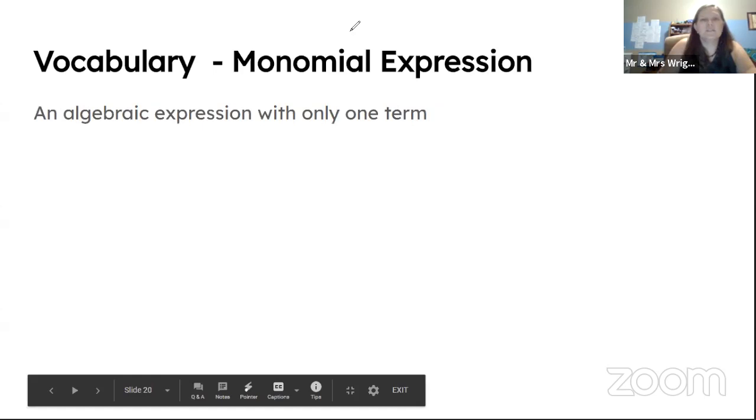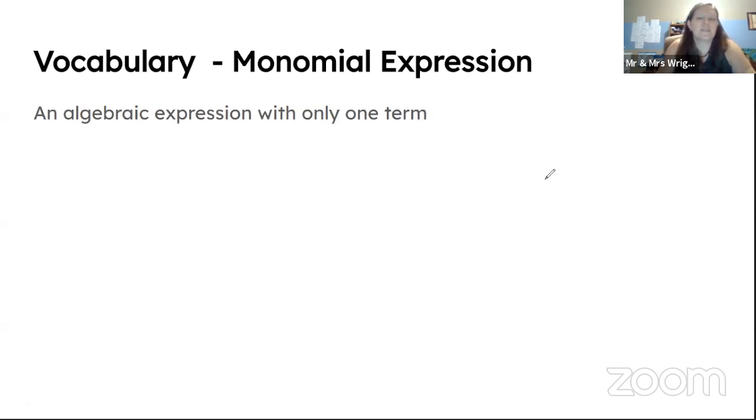A monomial expression. Remember, an expression was an algebraic, an incomplete math sentence. Well, it's anything that can be used that doesn't have the equal sign. So a monomial, mono means 1. Right?